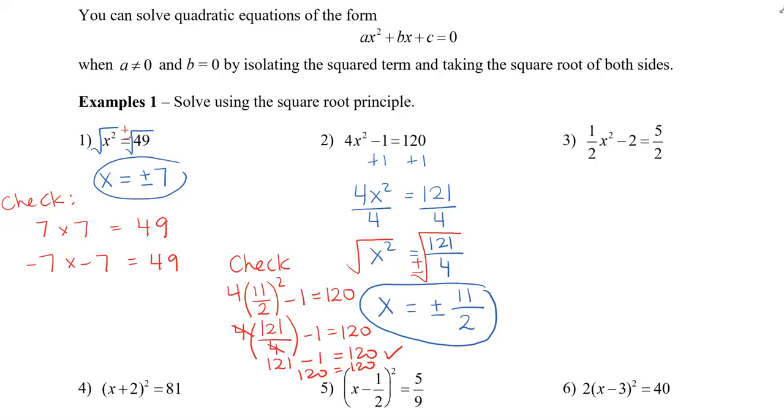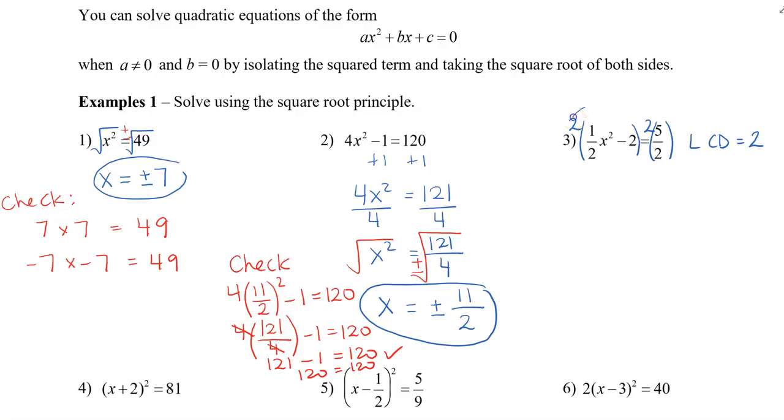All right. In the next question, I put in a fraction to see how we solve questions with a fraction. Now, I like to get rid of fractions because they're harder to work with. So we're going to do that by multiplying by the LCD, which is the lowest common denominator. So in this case, it is 2. We're going to multiply the left side by 2, and we're going to multiply the right side by 2 as well.